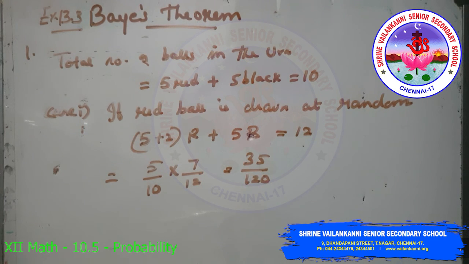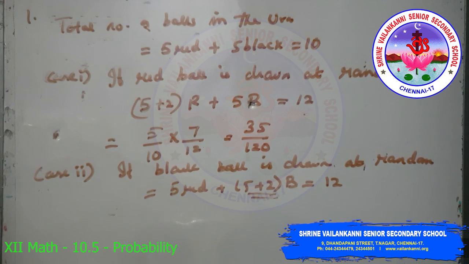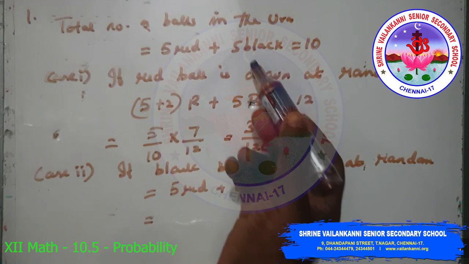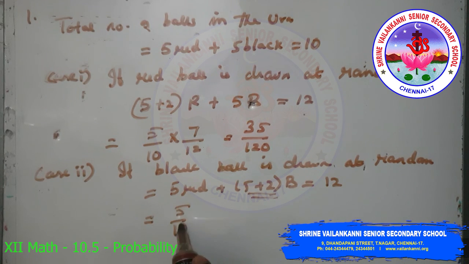The second case is drawing a black ball. Case 2: if a black ball is drawn at random from the urn, then the total number of balls in the urn after adding 2 additional black balls is 5 red plus 5 plus 2 black, which is 12. Now the probability of getting a second red ball: the first is a black ball, so 5 out of 10, and we have to choose a second red ball, which is 5 by 12.